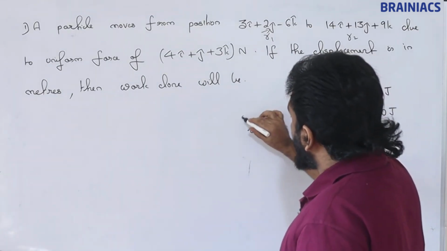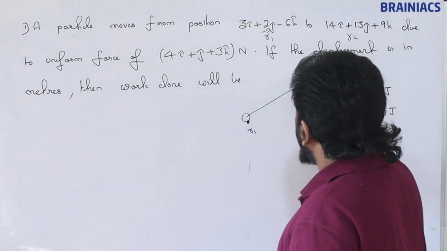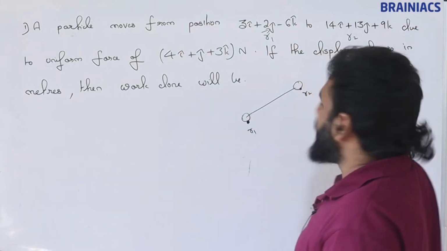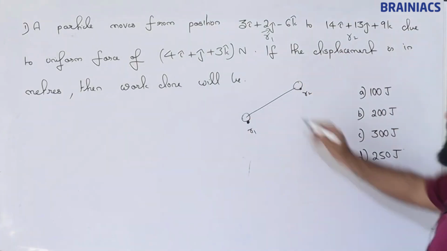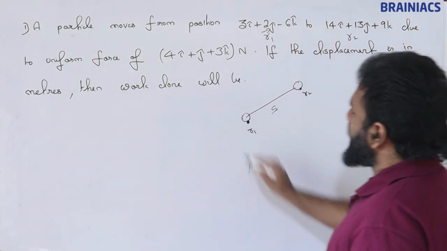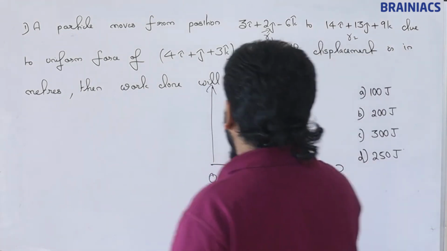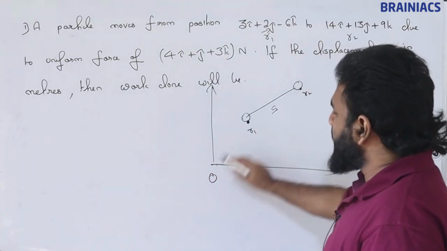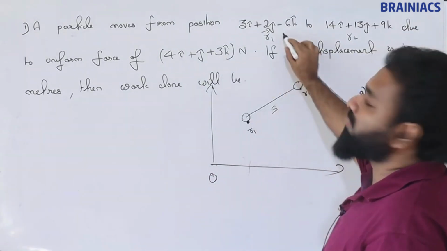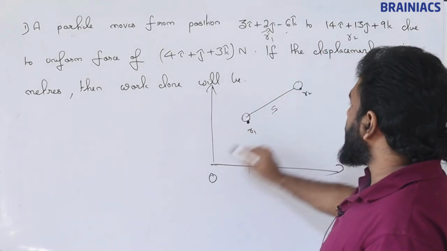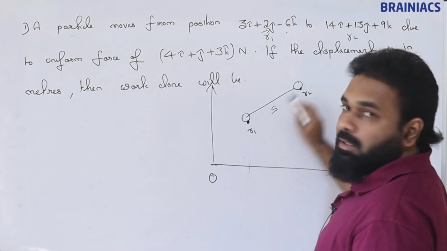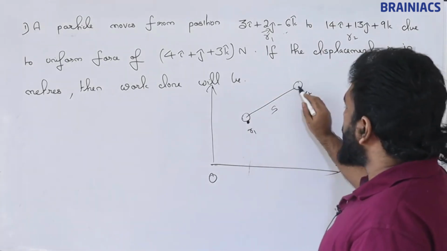Okay, a particle, this is moved from r1 to r2. So this is the displacement now. Suppose if this is origin, from this origin this particle's position is what is given here. From this origin the particle's position later shifted to this part.